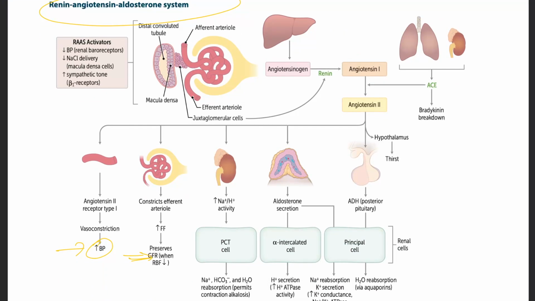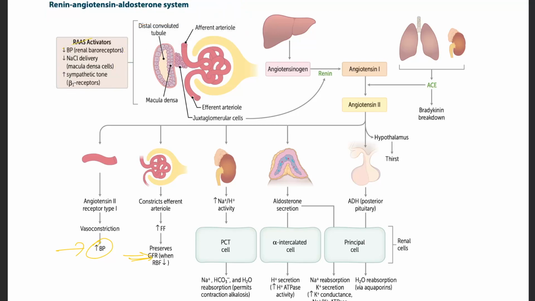What do we have for the RAAS? Well, the RAAS activators: when we have a low BP, renal baroreceptors are going to sense that and activate the RAAS. One thing. Low sodium chloride delivery to the macula densa cells, again, same thing, going to stimulate the RAAS. Increase in sympathetic tone, when you have the beta 1 receptor stimulation, it activates the RAAS.